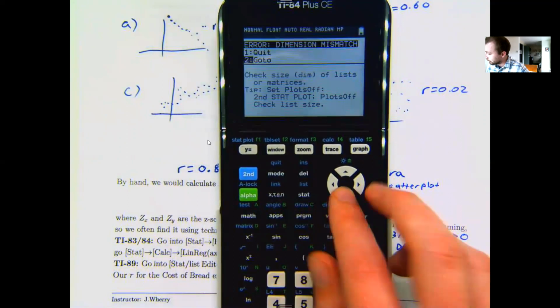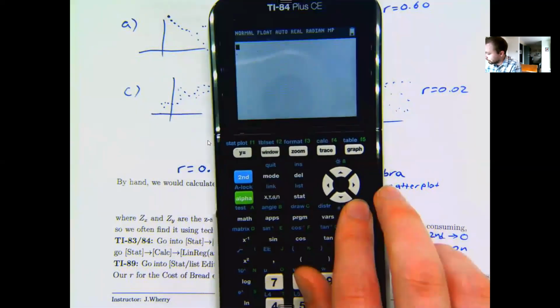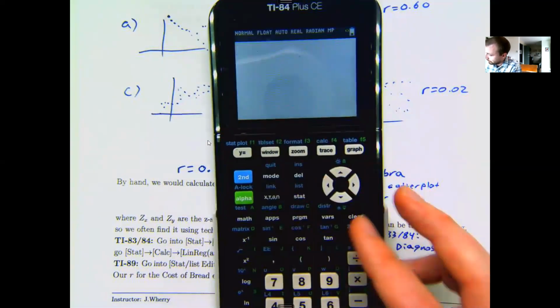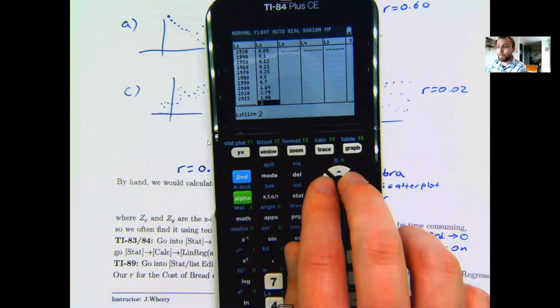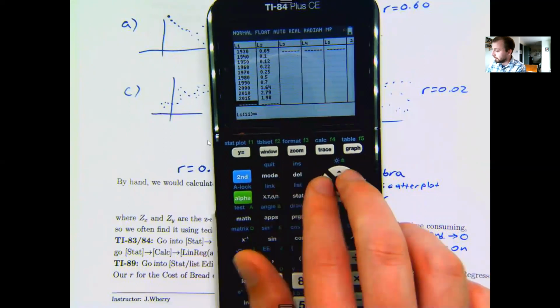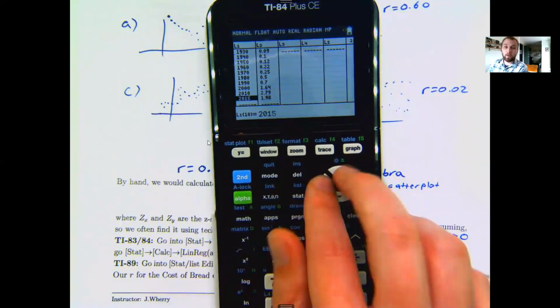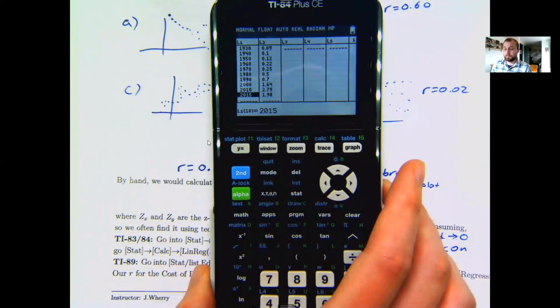So this error occurs when you do not have the same number of x values that you do y values. So make sure your lists line up there on the bottom, or you will run into some issues.